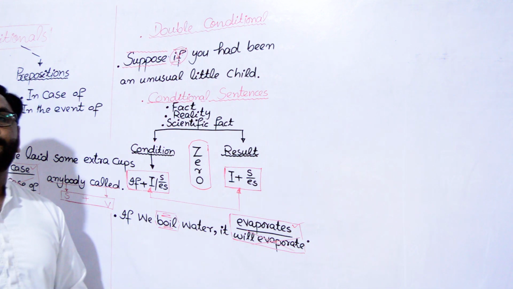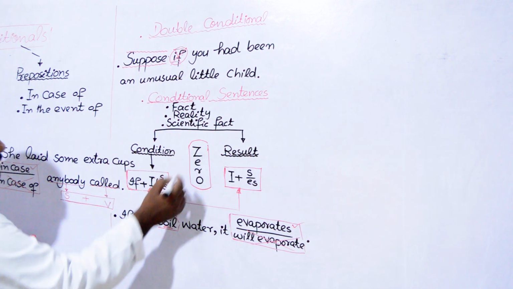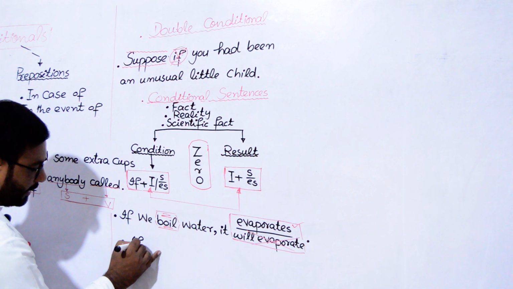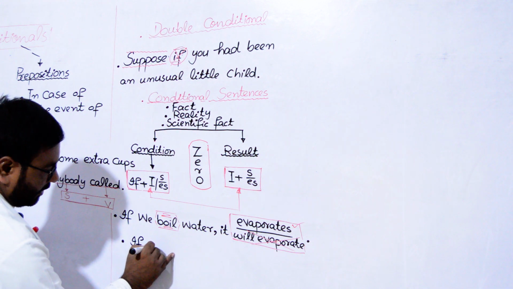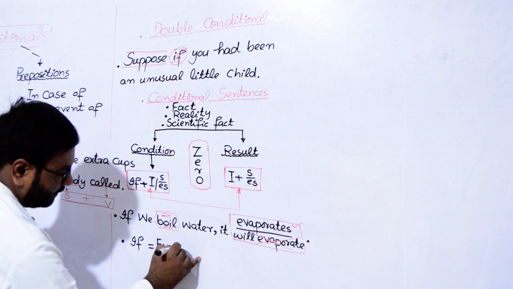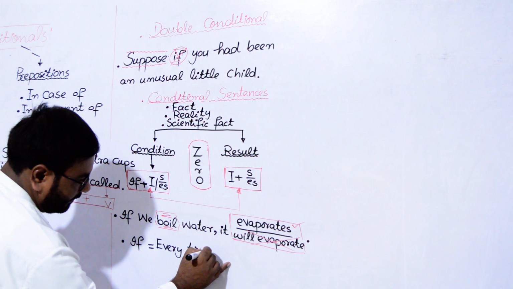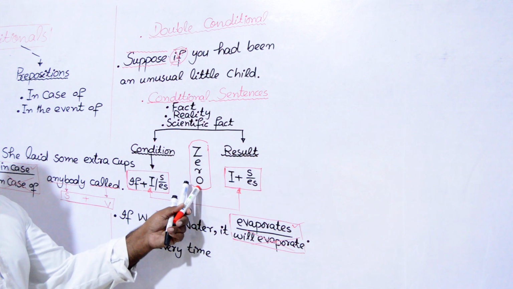A formula, a simple kind of recognition for the zero conditional is, if this subordinate conjunction, any subordinate conjunction, can be replaced with every time, simply speaking, the sentence becomes a zero conditional.